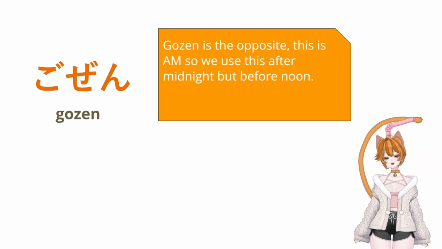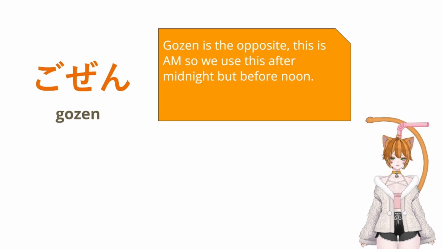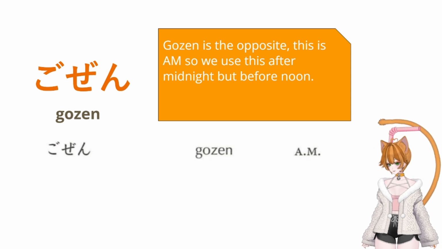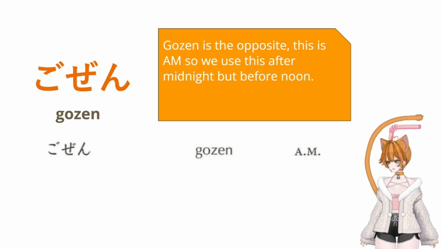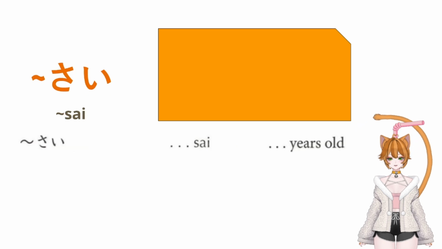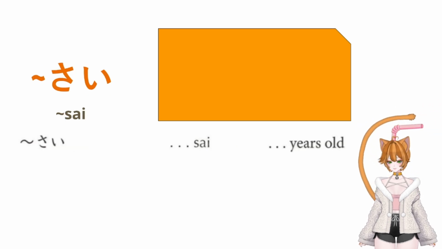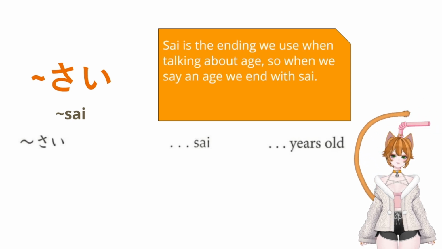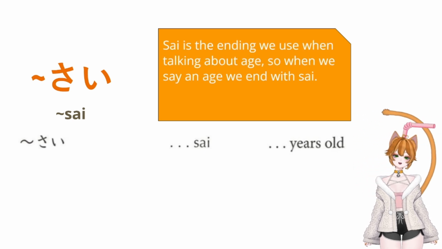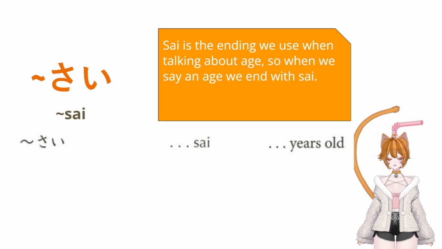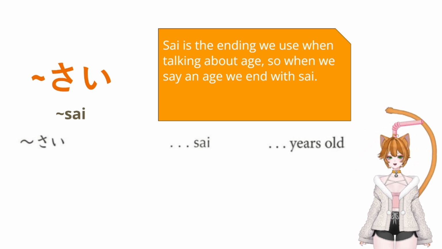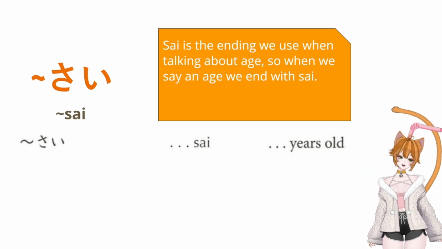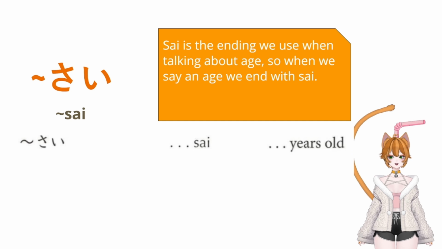This is after midnight but before noon. Our next one here is sai. Sai is the ending we use when talking about age. So when someone says an age, we end it with sai. Obviously that was explicitly said in the first half, so don't mind my little reiteration there. It just means years old.